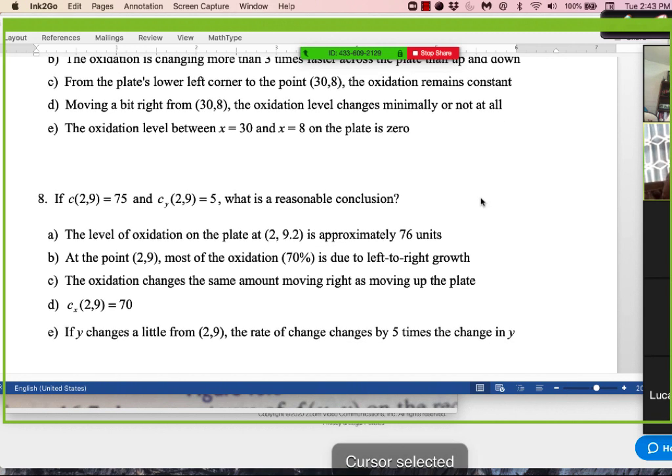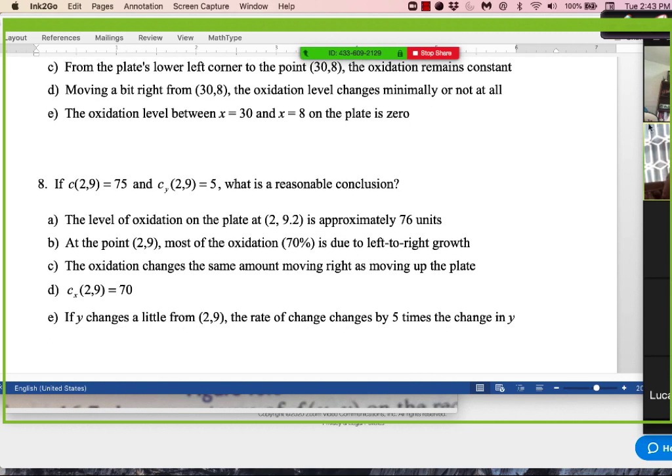All right, now this one, same situation. And now we got the partial with respect to y is 5, and we know the value of the oxidation at 2,9. So again, we got our plate. And say we're at 2,9, right here, say. And we know the rate of change with respect to y now is 5.